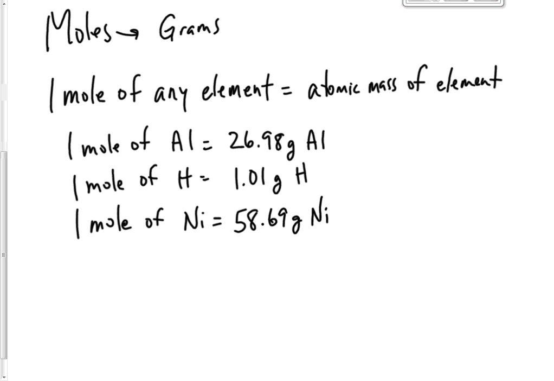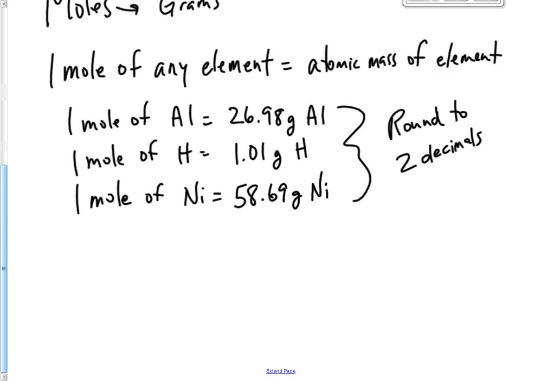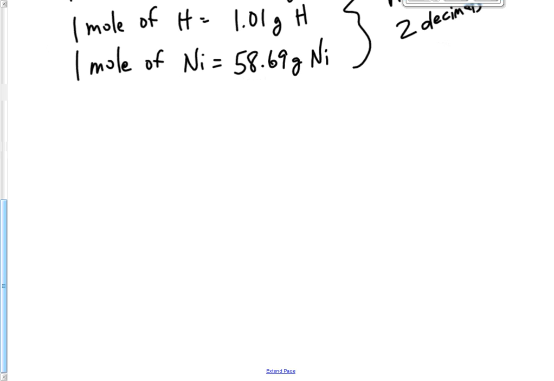Okay, and we're going to round to 2 decimal places when talking about this. A lot of periodic tables will give it to the 3rd decimal place or even to the 4th decimal place, but we're going to just stop at 2. All right, so that's the first thing you have to know.